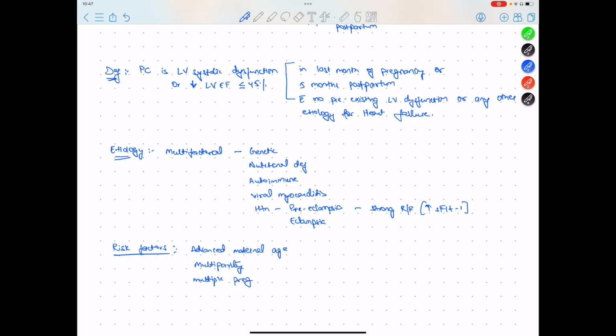The difference between multiparity and multiple pregnancy is that the latter includes twins, triplets, etc. Or the hypertensive disorders of pregnancy, which include preeclampsia and eclampsia, right? And also African ancestry. This was noted more in African women, so that's why this is also one of the risk factors.